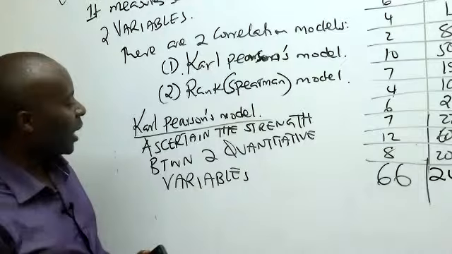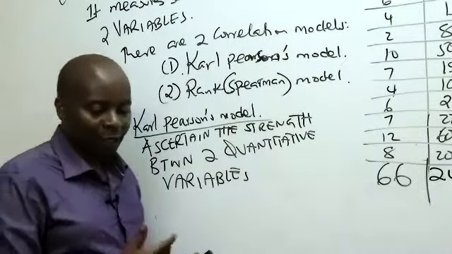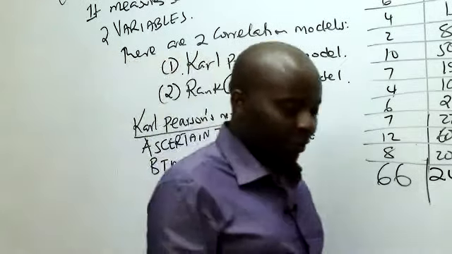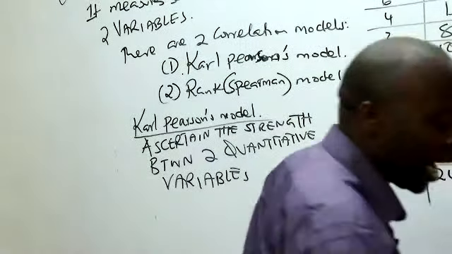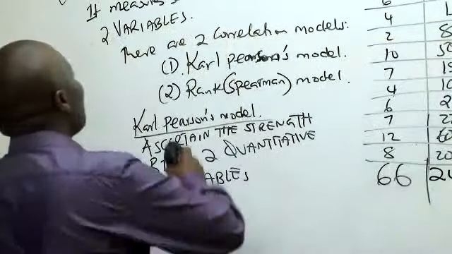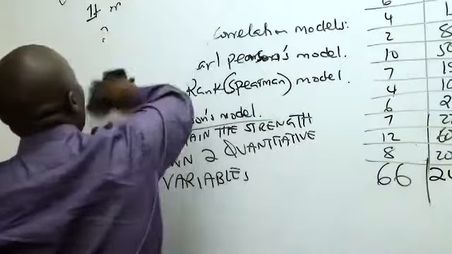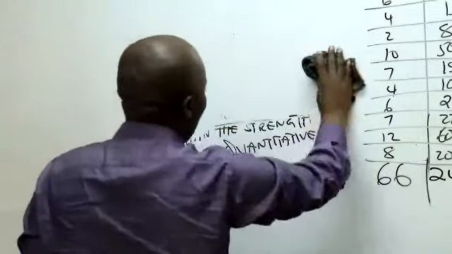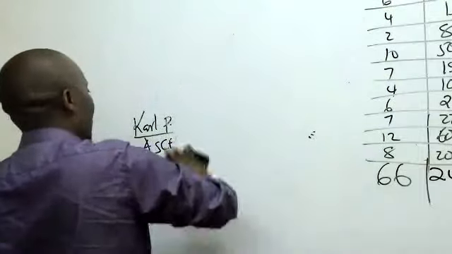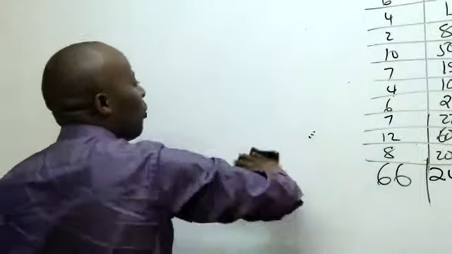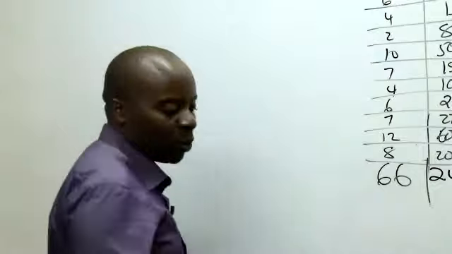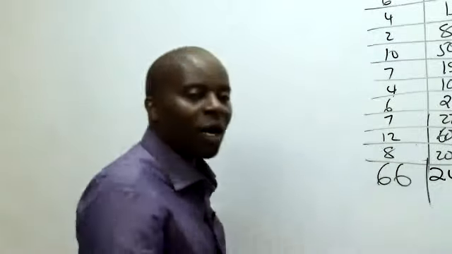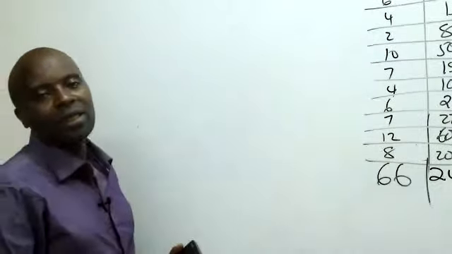Ladies and gentlemen, Karl Pearson's model borrows heavily from the formula of b. Whenever they tell me to write the Karl Pearson's equation, I'm always forced to remember the formula of b. Once you give me the formula of b, then I will be able to give you the formula of Karl Pearson's r.